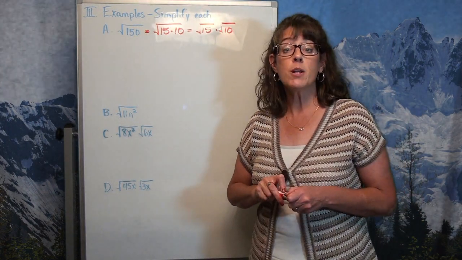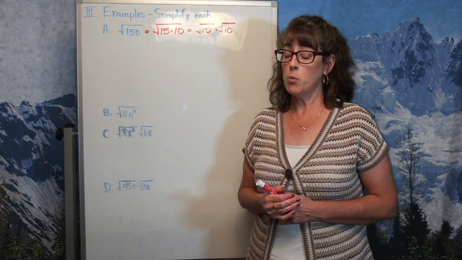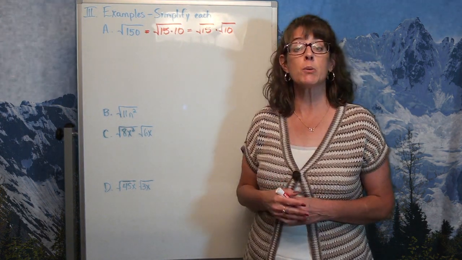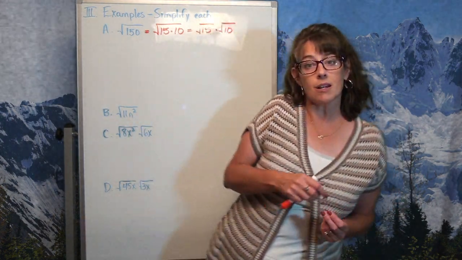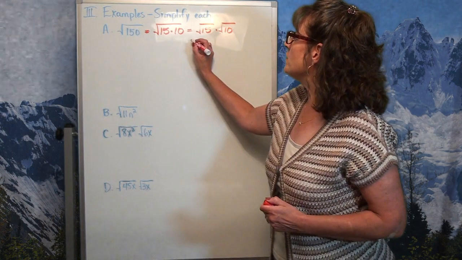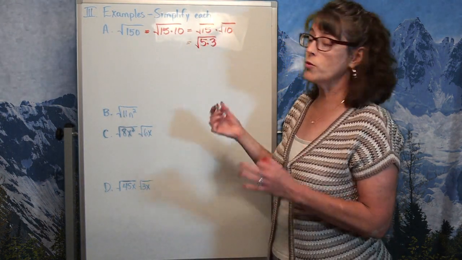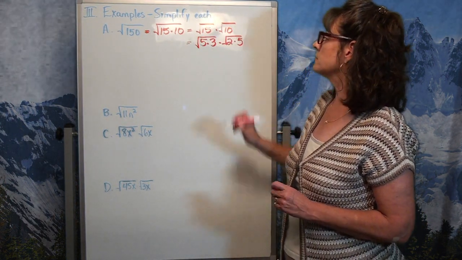Now, can you think of a number that you can multiply by itself to create a 15? Nope. Can you think of a number that you can multiply by itself to create a 10? We already talked about that. There's nothing I can multiply by itself to create a 10. So I'm going to once again break down, break down, break down. So 15 is 5 times 3, or 3 times 5, either way, and 10 is 2 times 5.